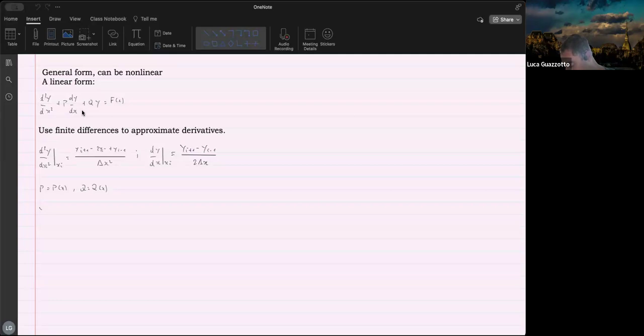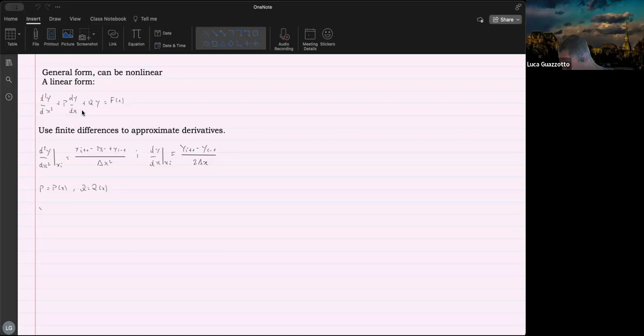So y sub i minus 1 is going to multiply 1 over delta x squared minus p sub i over 2 delta x. Y sub i is multiplying minus 2 over delta x squared. No, sorry, let's fix this up.